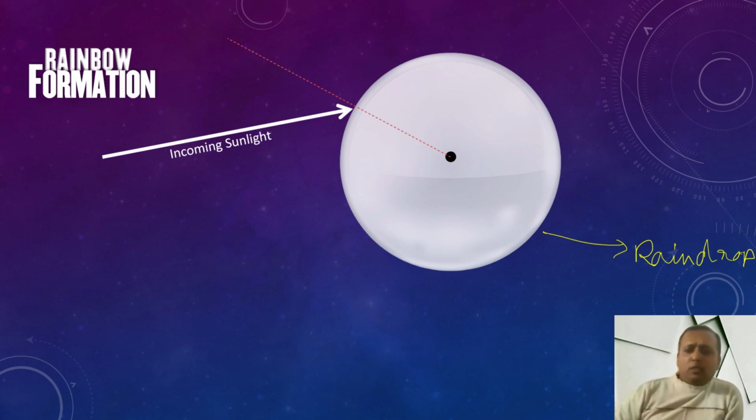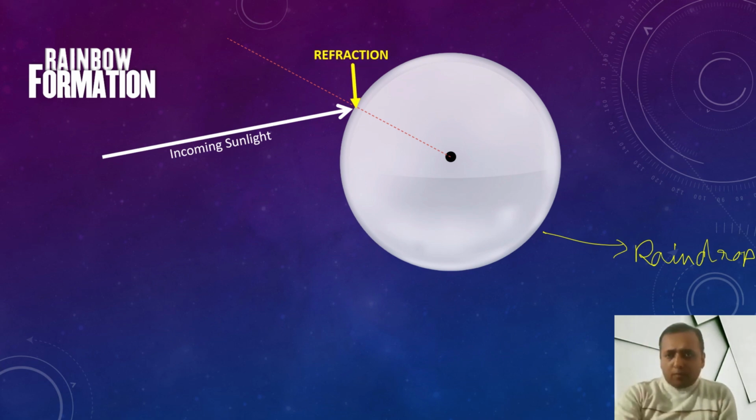So at this surface, basically, what is happening is when sunlight hits the sphere, both reflection and refraction are taking place. But at this surface, we'll be considering only the refracted part of the ray. So this is the place where refraction takes place.